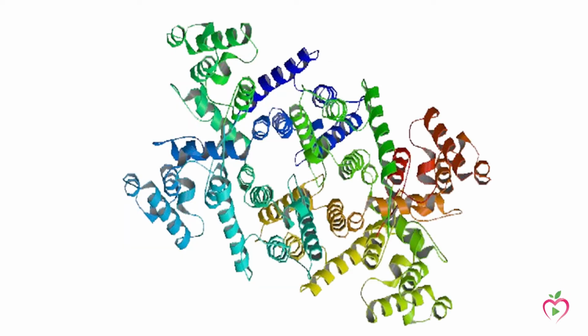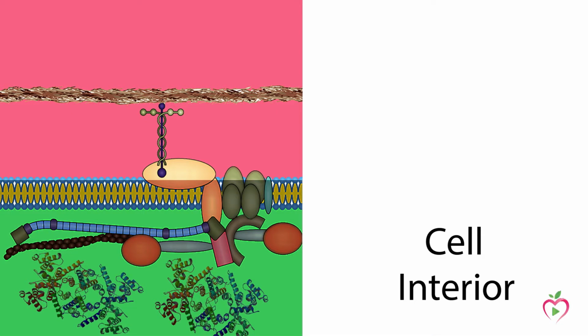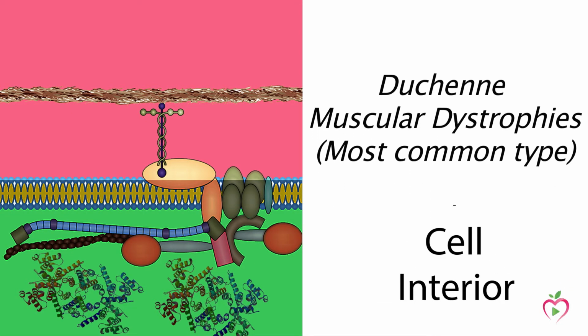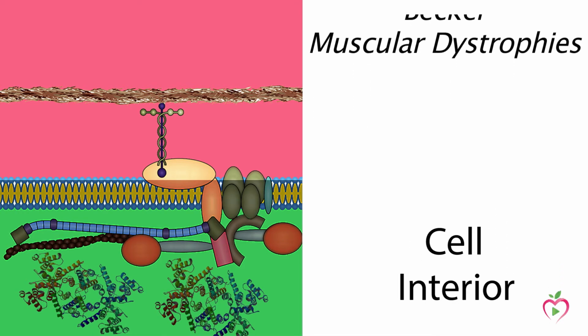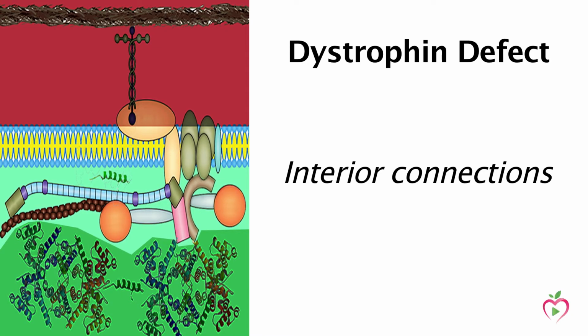The dystrophin protein shown here on the inside of the muscle membrane is defective in Duchenne and Becker muscular dystrophy, and this represents the most common form of muscular dystrophy. The dystrophin protein plays a key role in linking several intracellular proteins to the extracellular matrix, and a lot of those other proteins involved in that linkage can be defective in other types of muscular dystrophy.